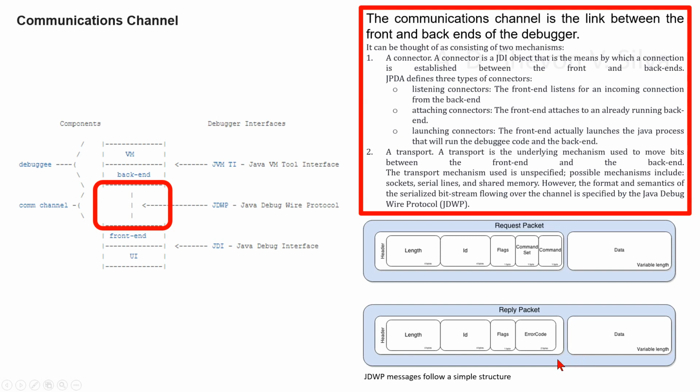The layout of each packet looks like this: command packet header, length 4 bytes, ID 4 bytes, flags 1 byte, command set 1 byte, command 1 byte, data is variable length. Reply packet header, length 4 bytes, ID 4 bytes, flags 1 byte, error code 2 bytes, data variable length.